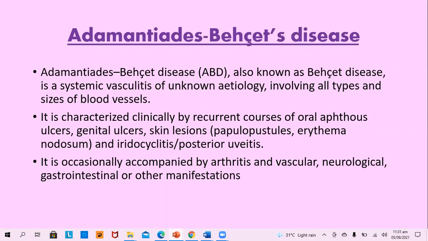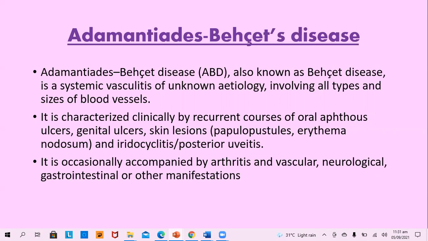The disease is characterized clinically by recurrent courses of oral aphthous ulcers, genital ulcers, skin lesions, which are papulopustules or erythema nodosum, and eye changes that include iridocyclitis and posterior uveitis.